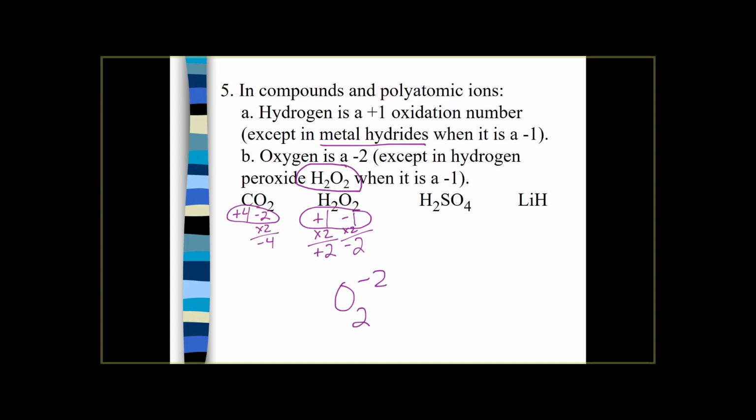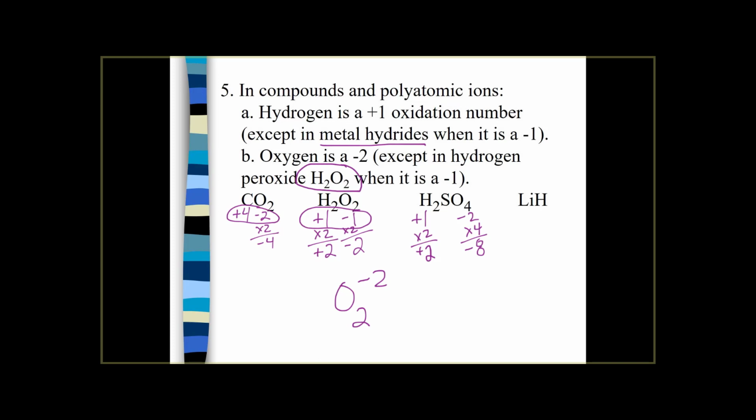And this next one has both hydrogen and oxygen. And so I can assign oxidation numbers for the oxygen and the hydrogen. And I can look and see what charge is left, so what sulfur will be. So I know that my hydrogens add up to equal a +2.